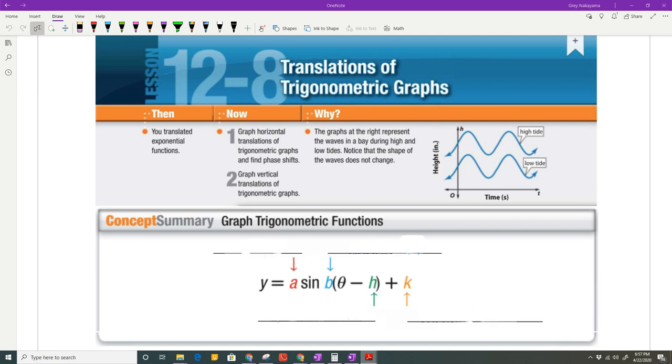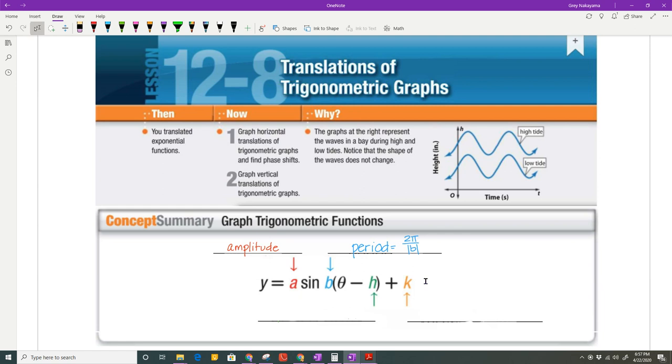Okay, so to start off, in the previous lesson we had A and B. A represented, of course, our amplitude, and B is what affected our period, 2 pi over the absolute value of B. Well, H and K, which some books refer to as C and D. H and K makes it a little bit easier because that's what you've been doing all year long.